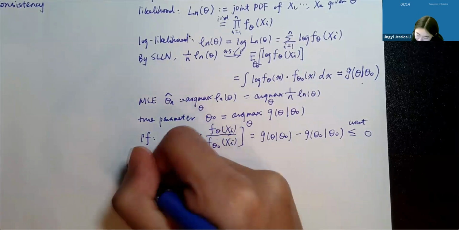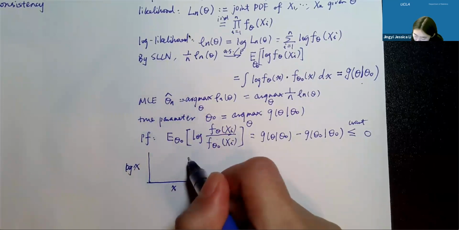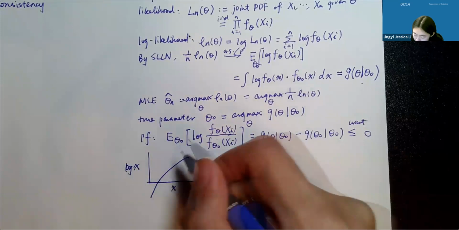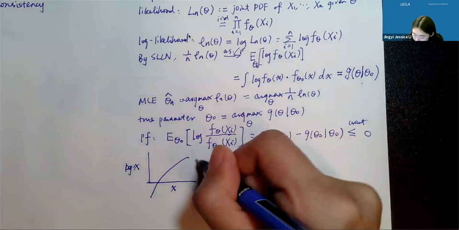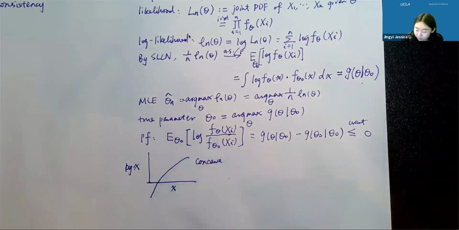Let's see, log x. Okay, so it has this shape, right? By concavity, what it implies is that, I don't remember this myself. What I usually do is I just draw this figure and see the relationship.